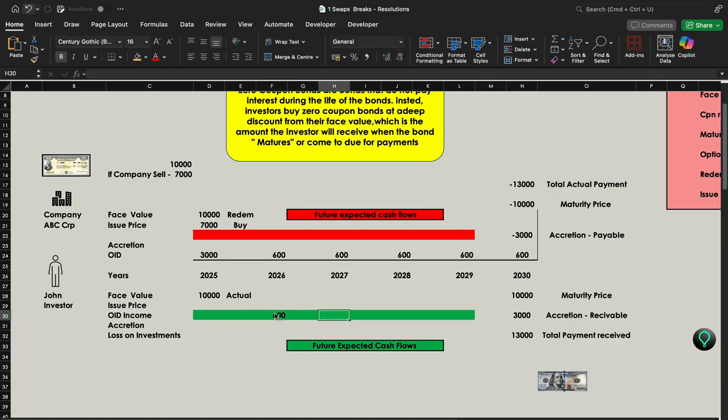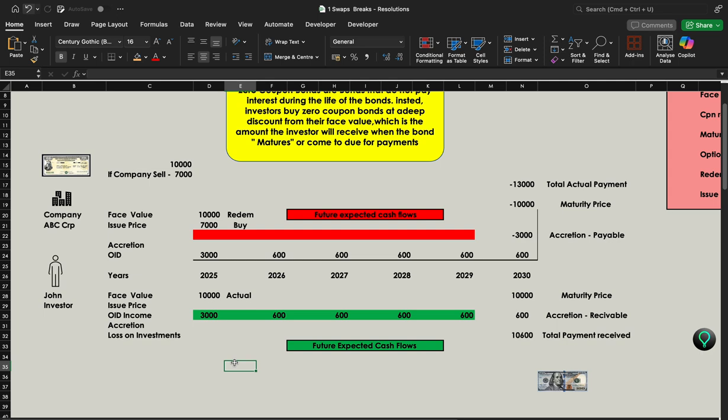600, 600, 600 and 600. Original issue discount is 600. So the total you can calculate is 3,000, which the investor will receive from the company.